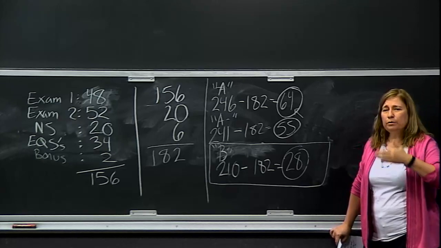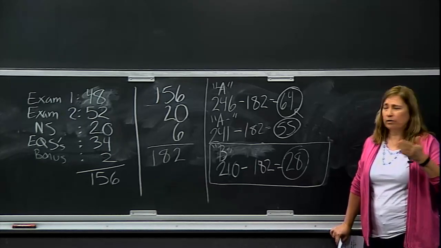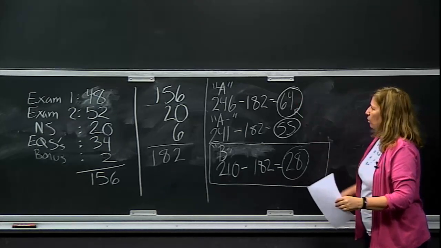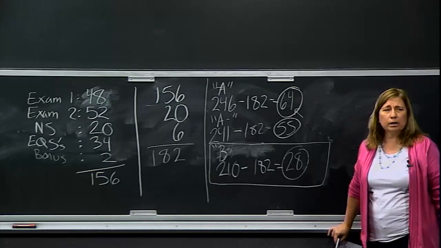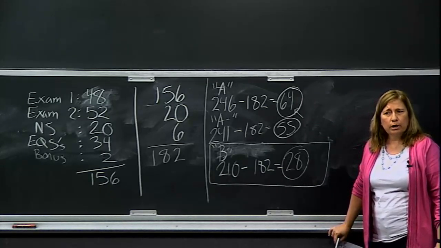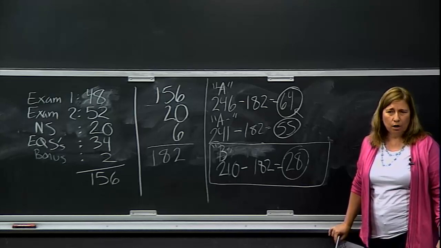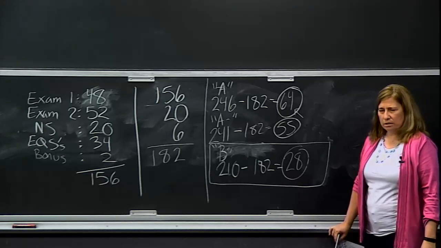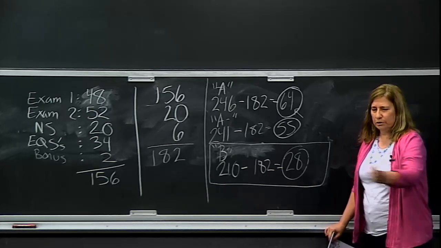Even if you have mostly 5s and 6s, depending on how hard you want to work at it, you could still possibly upgrade your EQS scores, because the irritating thing about it is it's asking questions from the entire semester.